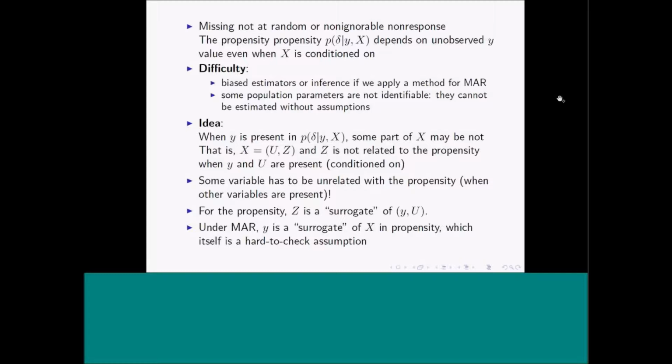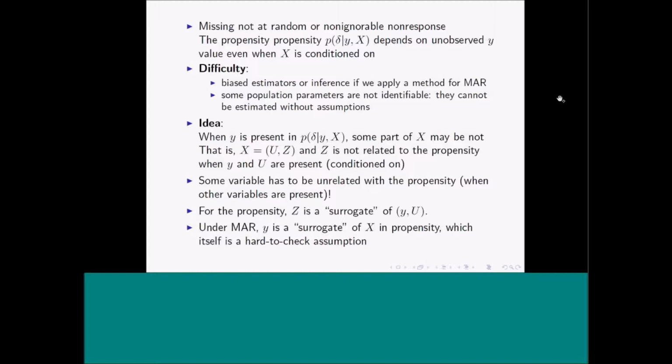If some of the variables are not there, then the model becomes simpler, and therefore it's identifiable. Under missing at random, it simply says y is not there, which makes the model a lot simpler.